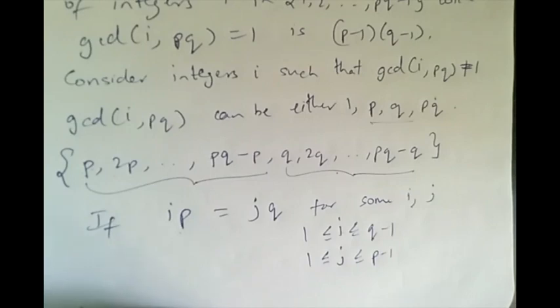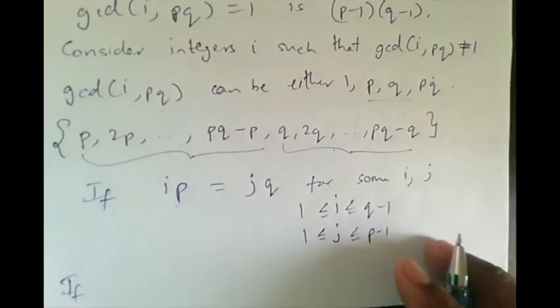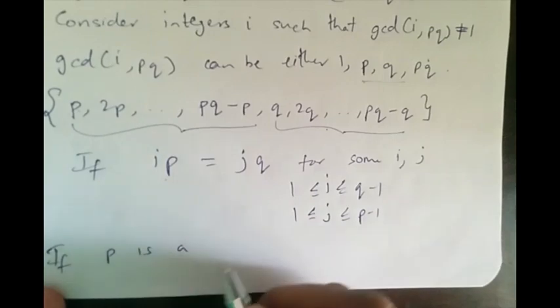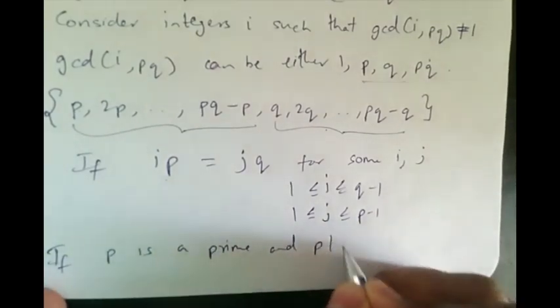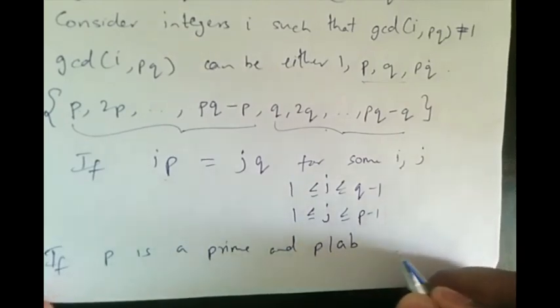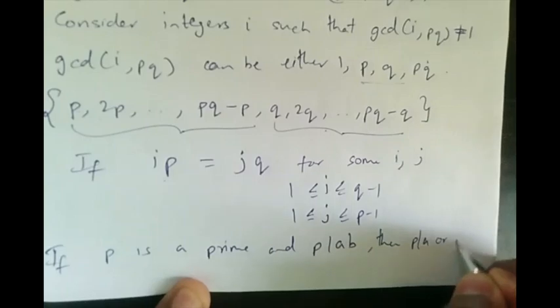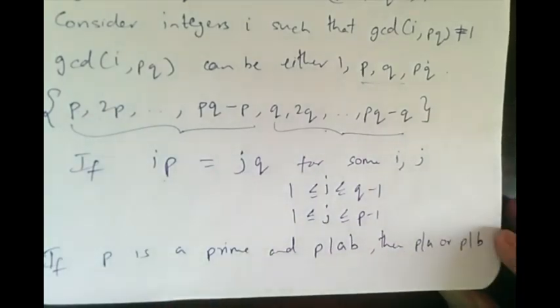by a result we proved in lecture 13, if P is a prime and P divides a product of two integers A and B, then P divides A or P divides B. So this was a result we proved in lecture 13.